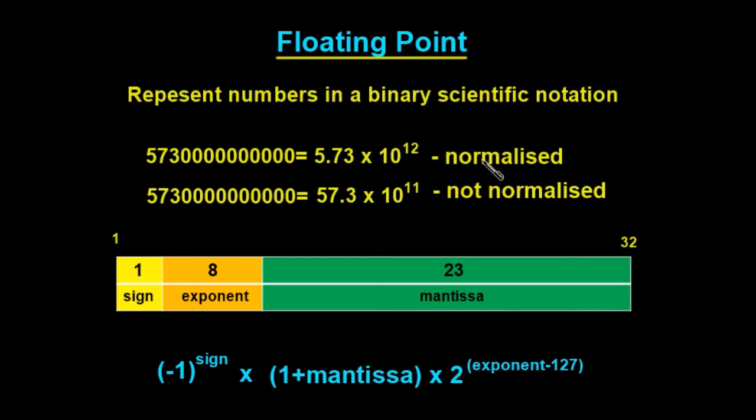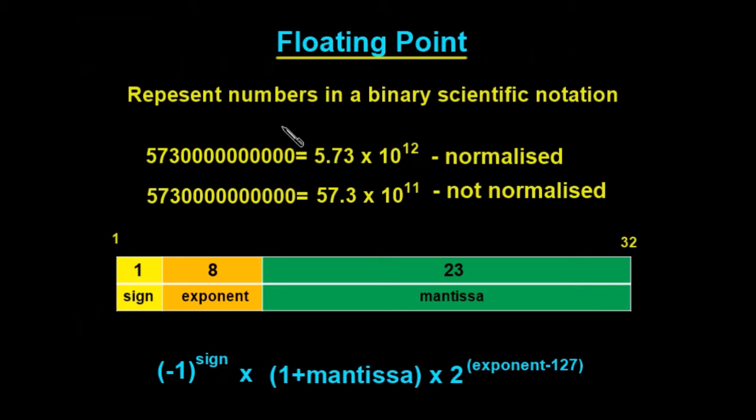Now we call that normalised form. It's normalised because with the position of the decimal point, there's only one figure before the decimal point. If it wasn't normalised, we might have, for instance, written it as 57.3 times 10 to the 11. So whenever we're working through our floating point systems, we will be using this normalised version.